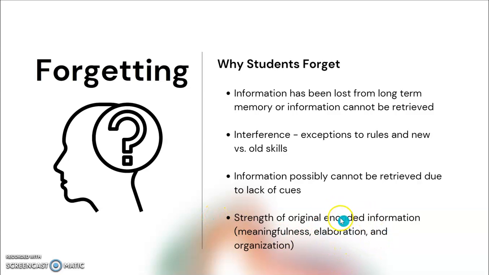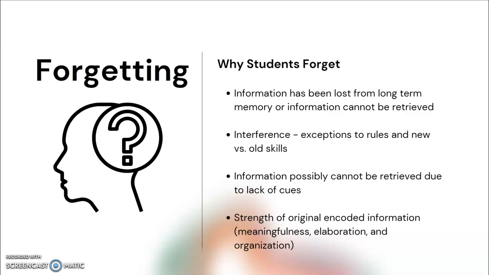Elaboration, how detailed was that information? Can it be related to some real-world examples? And then lastly, organization. An example of this is related to what we call spreading activation. So we can link certain topics together in long-term memory.